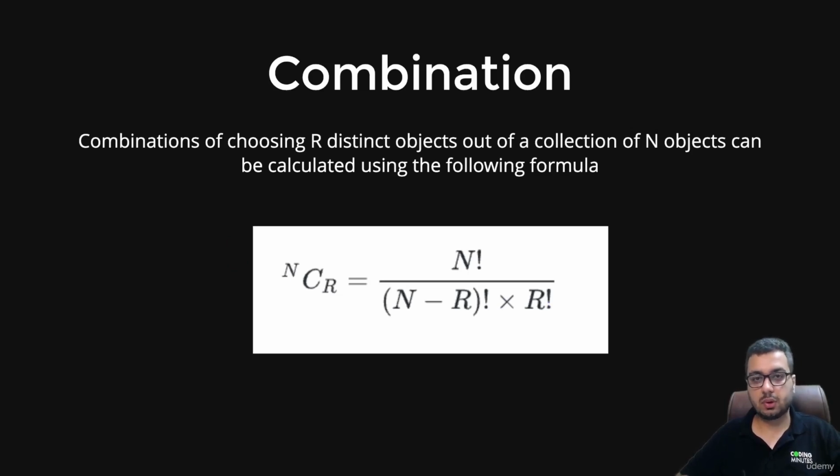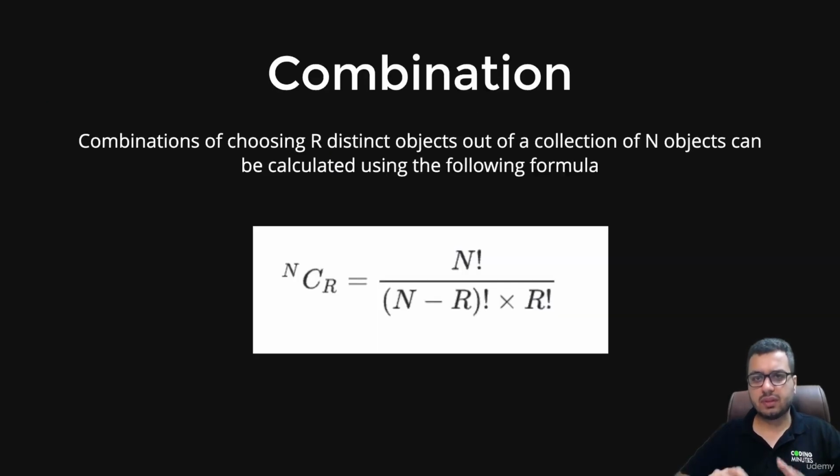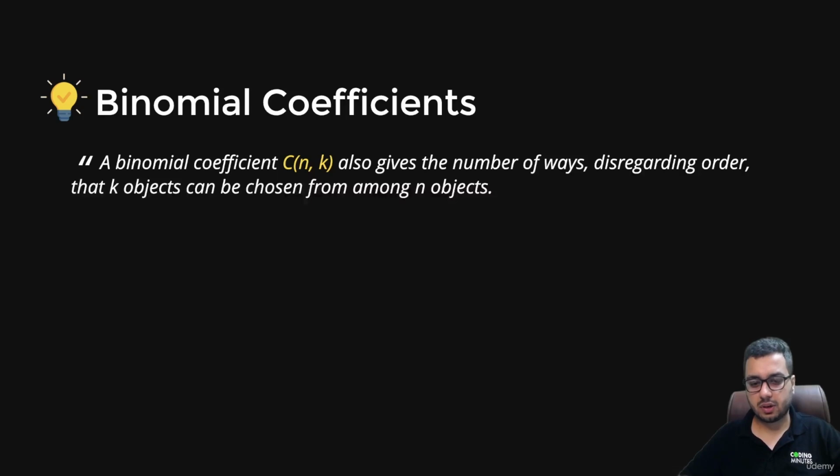Here we do not talk about arrangement, we are just talking about how we pick those particular items. So that's a brief intro about permutation and combination.